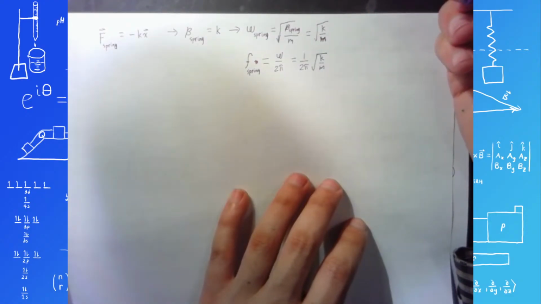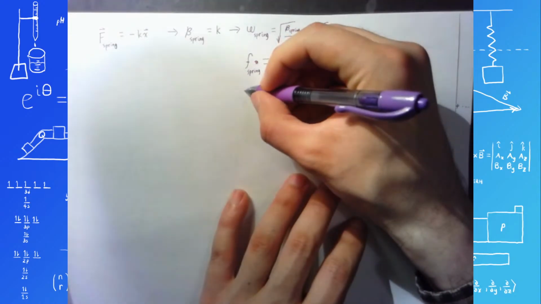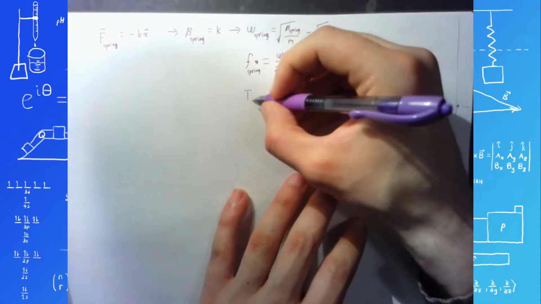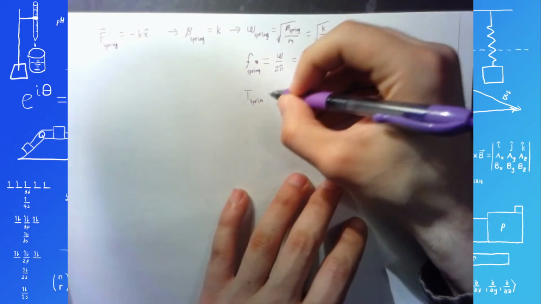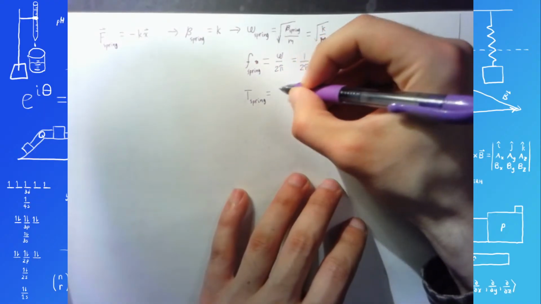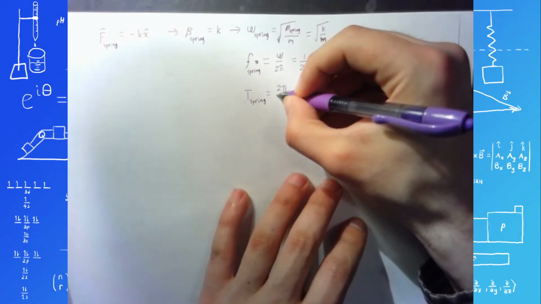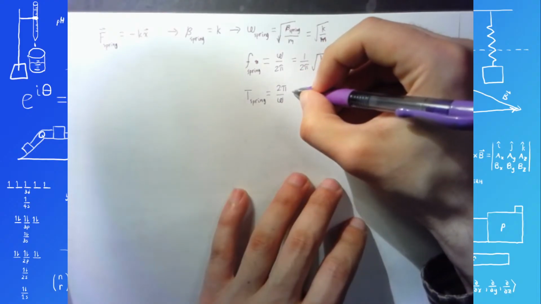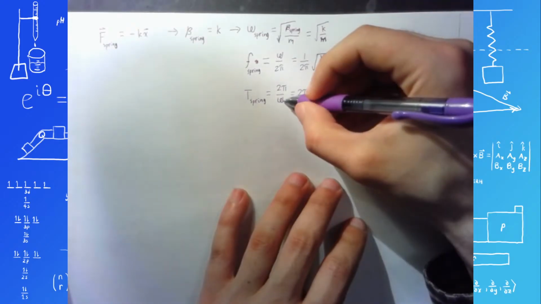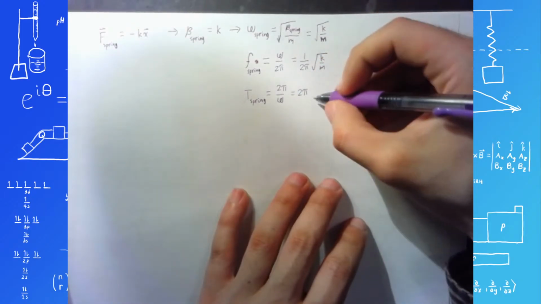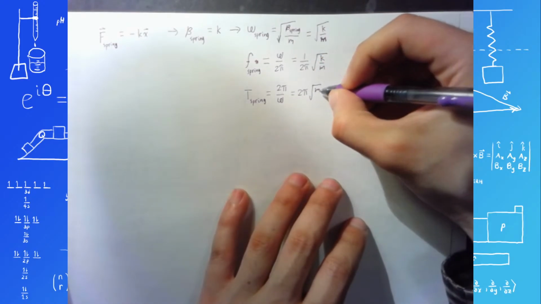And if I want to define the period for a spring, I can just do 1 over the frequency, or 2 pi over omega, however you want to look at it. 2 pi over omega is equal to 2 pi times 1 over the square root of k over m, which is 2 pi times the square root of m over k.